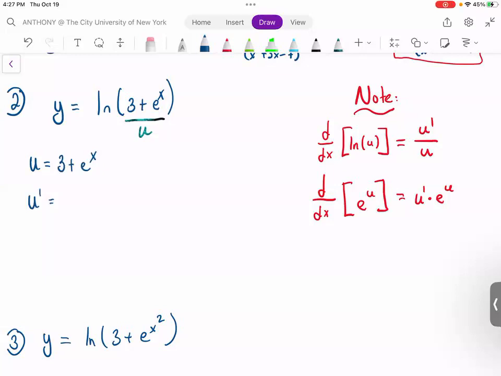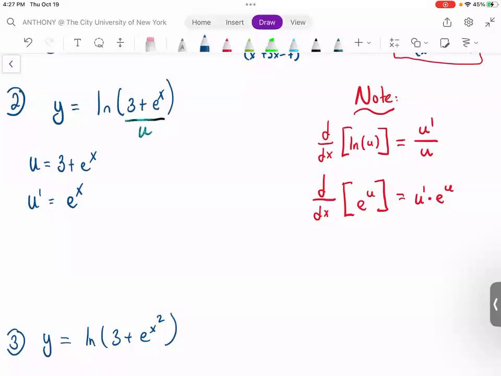Not 2x. Remember, it says u equals 3 plus e to the x. So first of all, what is the derivative of 3? 0. What is now the derivative of e to the x? It's going to be itself. Very good. So u prime is going to be e to the x.